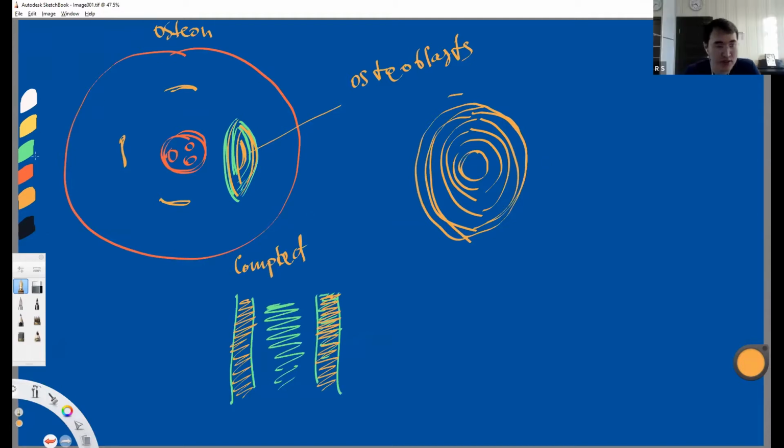And of course, these osteons are cylinders and they go through the whole structure of the bone. So we have several osteons, and each osteon has the central part and all these tree-like layers.